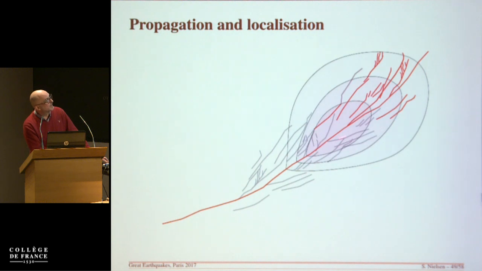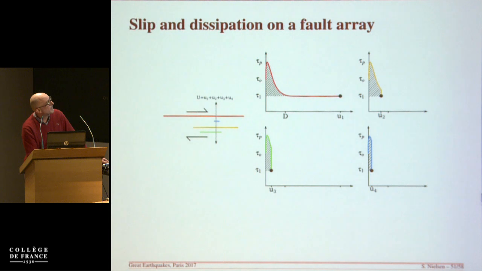And as this concentration gets bigger, the rupture region affected is getting bigger, and you have more and more subsidiary cracks. Now, if you look at the frictional behavior, and we're interested in the area below this frictional curve, which is the dissipated energy, the main fault will go like this, and will stop somewhere here. And the small faults will slip less, so they will have a tinier amount of energy, and the smaller slip, of course.